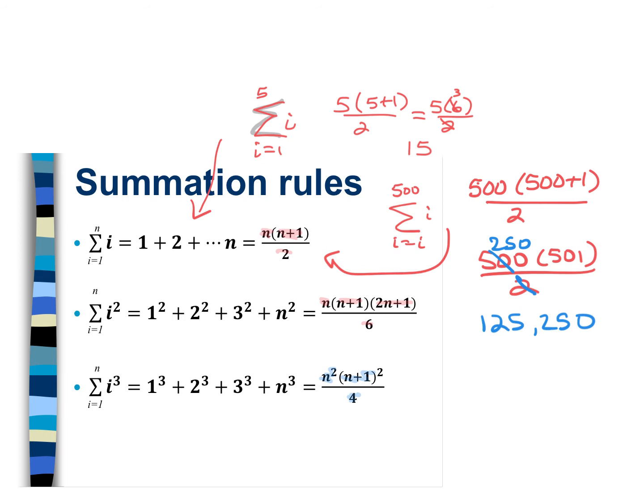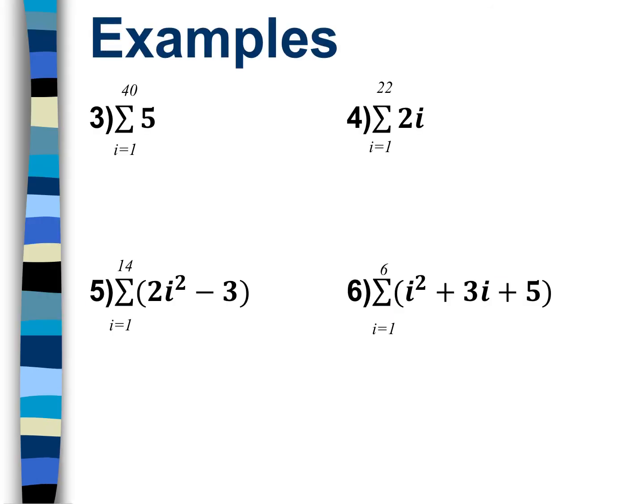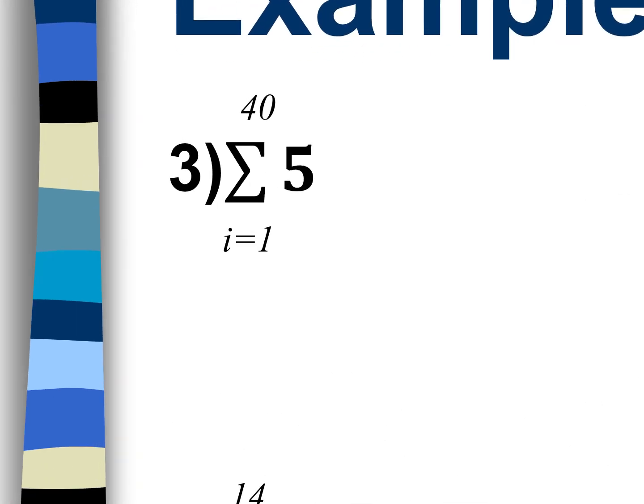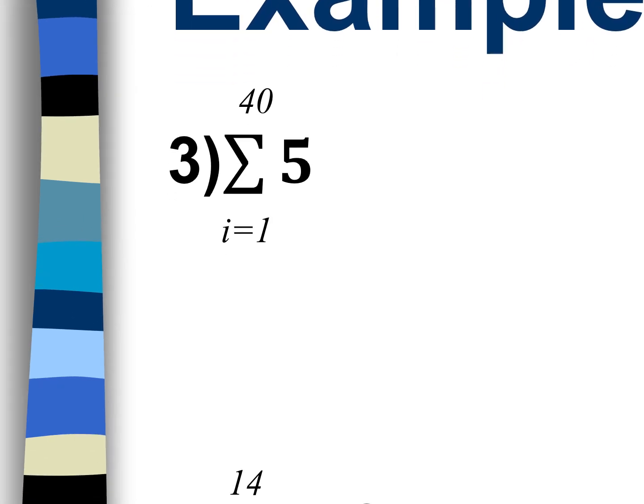Let's try some examples. Pretty good? All right, so here's my first one. I'm going to use the property for a constant. Here's the sigma, and then I have i equals 1 up to n, and remember we just take n times that constant.